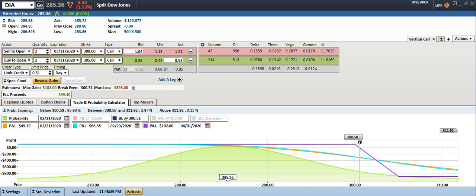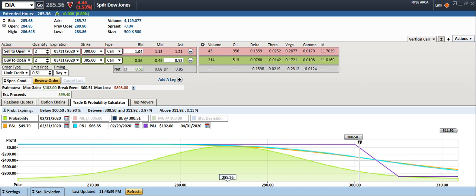And again, with these, I always recommend closing the position once you've made about half of your total expected gain. So I'm going to walk you through this. In this example, if today's January 27th, you'd be closing the trade around February 21st.